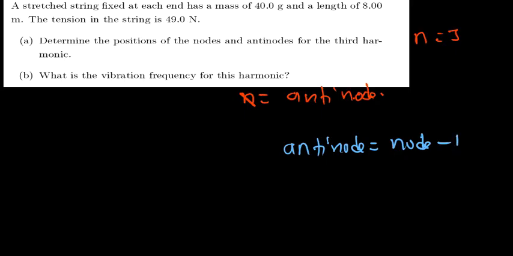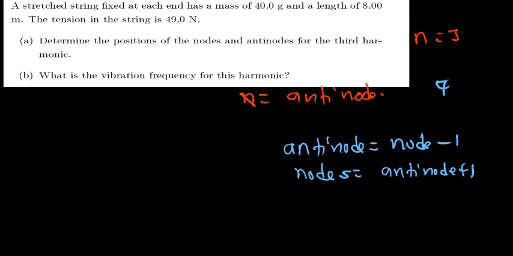And if you want to start with antinodes, the number of nodes is given by antinodes plus 1. In this case, we have 3 antinodes and we want to find the nodes. So the nodes are antinodes plus 1. Antinode is 3, meaning that we are going to have 4 nodes. 3 plus 1 is 4.